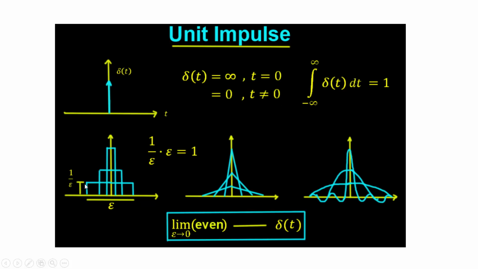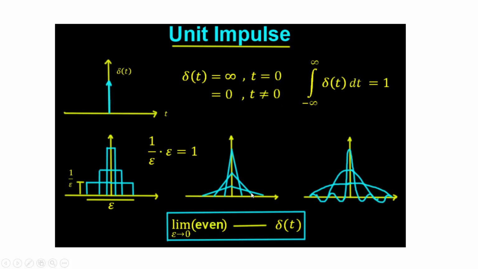And we can also understand it by, let's say this is a pulse. The width of this pulse is epsilon, for example, and the height is 1 over epsilon. So the area of this rectangle will be 1. Now you reduce the width of the rectangle, so you will have to increase the height of the rectangle so that the area remains the same. And this is true for any shape of the graph, right?